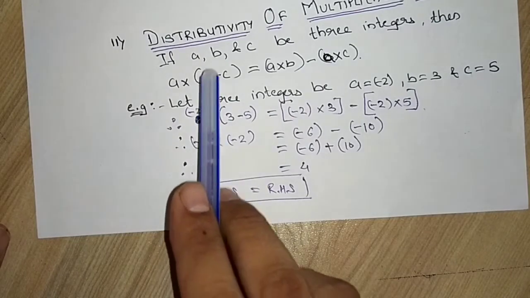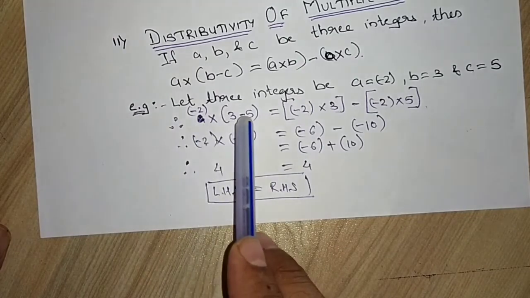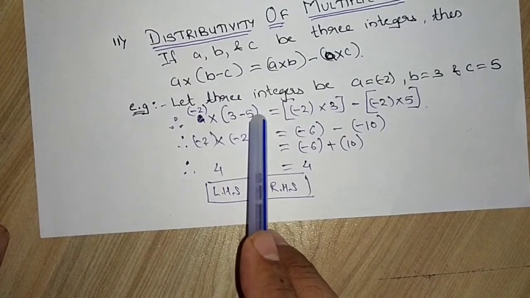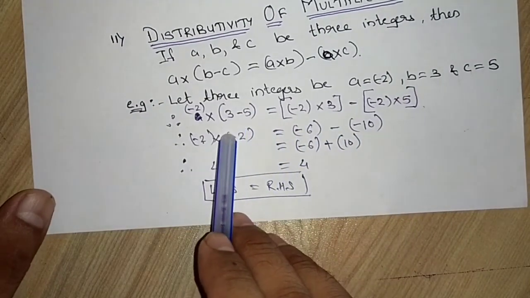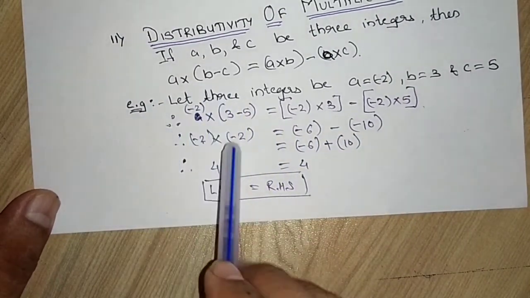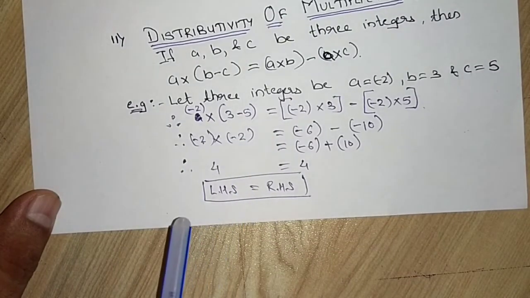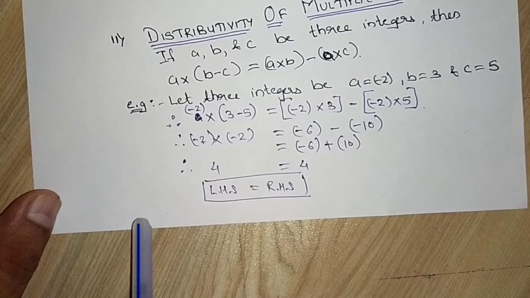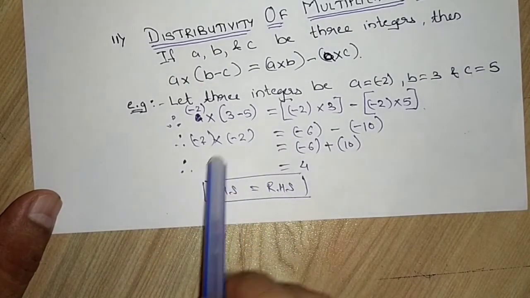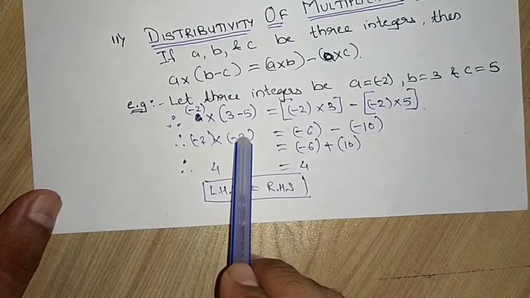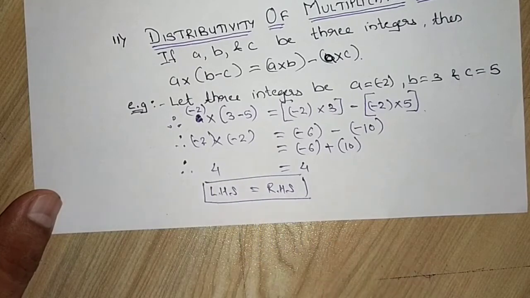So A into B minus C. Whether you do in LHS like they have given here, B minus C is minus 2 and then multiply it over here, you will get 4, because 3 minus 5 is minus 2 and minus 2 into minus 2, two integers, that is even, so your result will be positive. 2 2s are 4.